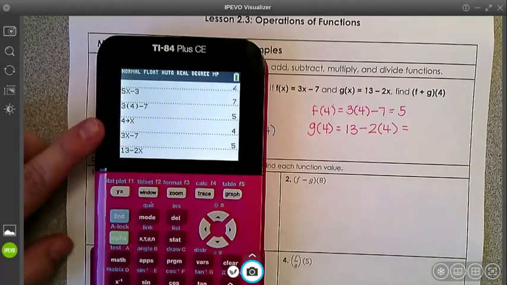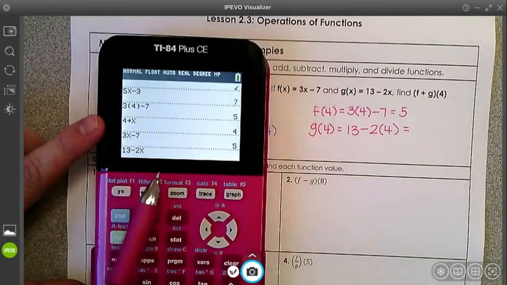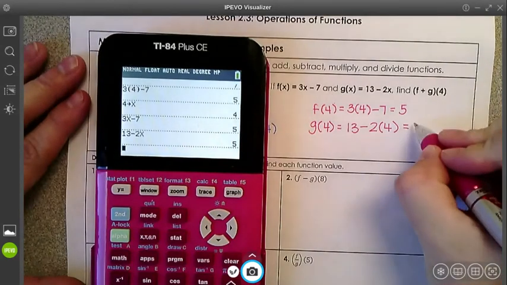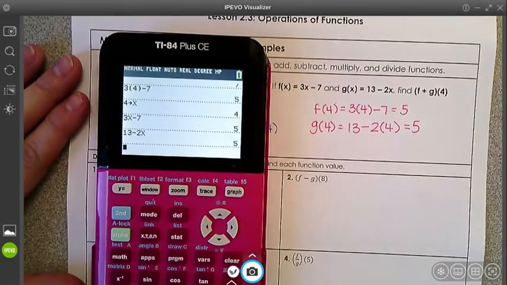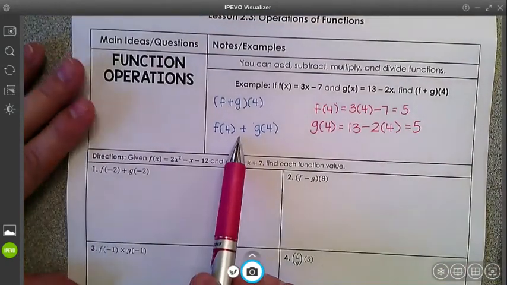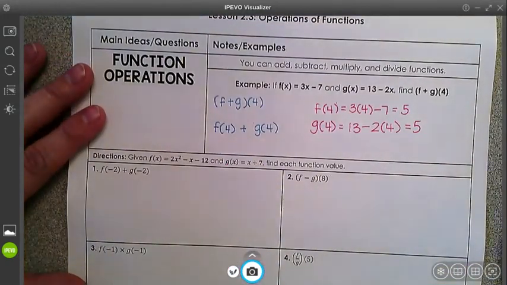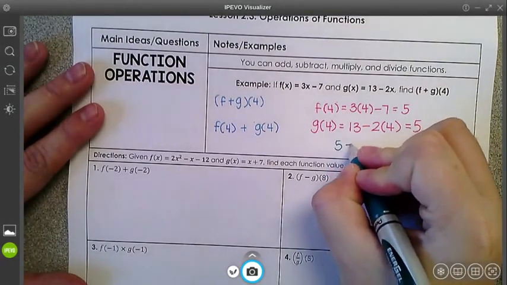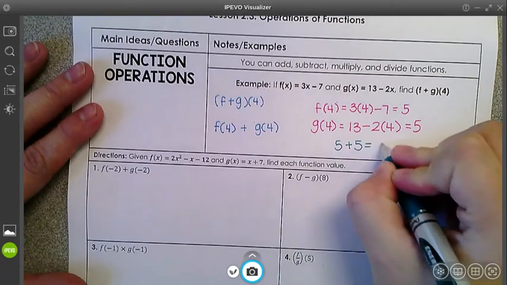Now, I didn't have to store the 4 again because that x value didn't change. And we also get 5. And so this problem asks us to add. It's f plus g. So we do 5 plus 5, which is 10.